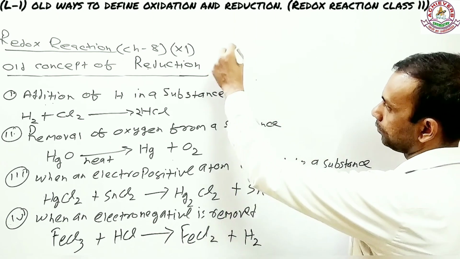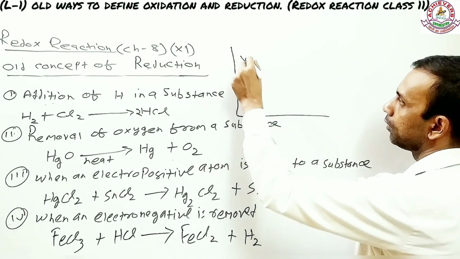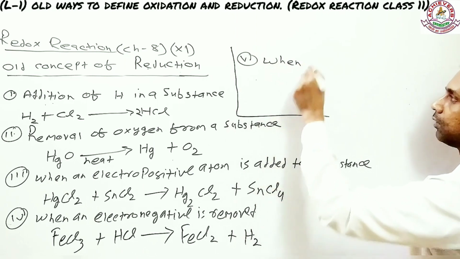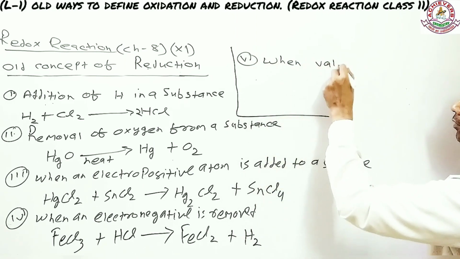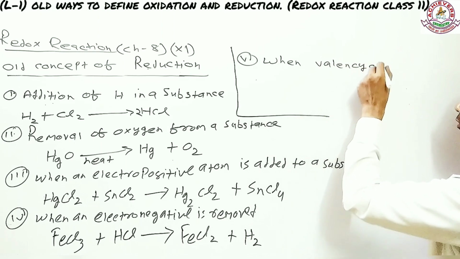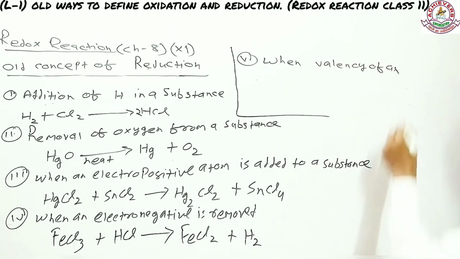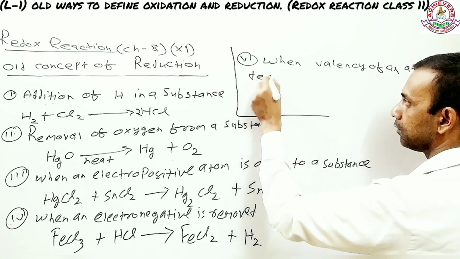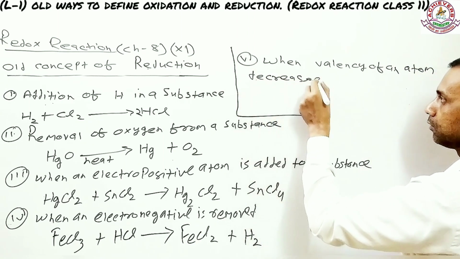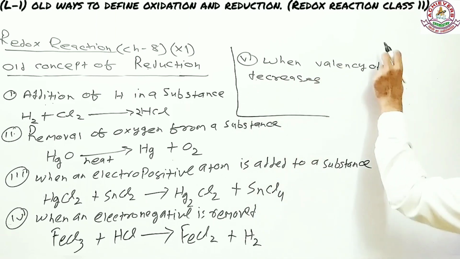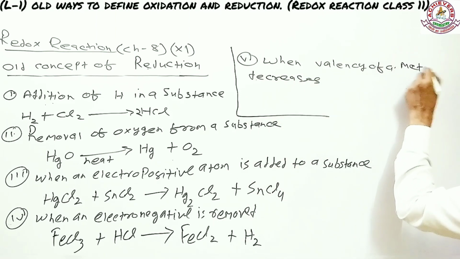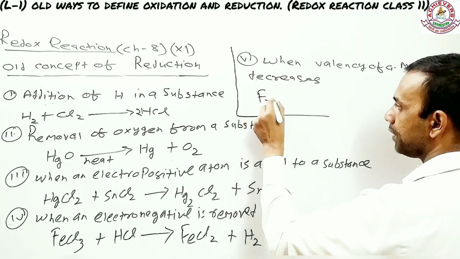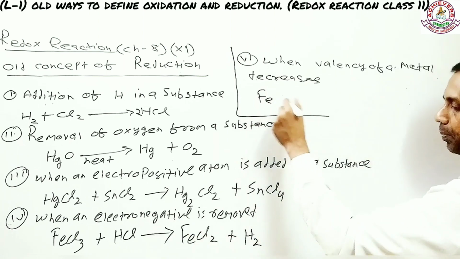Let's talk about one more, the fifth one. When the valency of an atom, the valency of a metal, decreases. Check the example here. FeCl3, I'm taking that very same example.